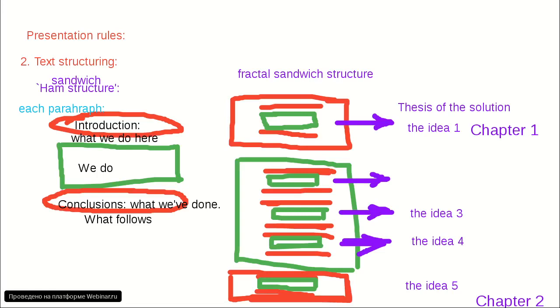So when we do two levels of sandwiches, we have ideas on the ground level, and we can list them: idea 1, idea 2, idea 3, and so on.